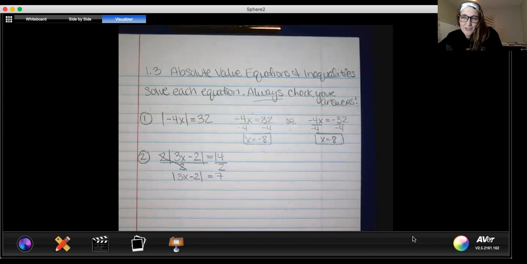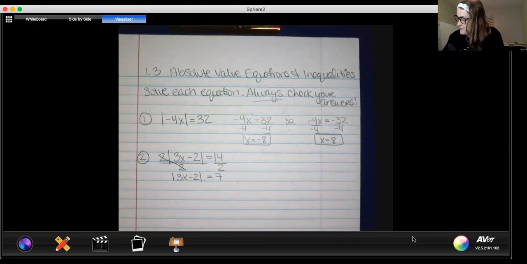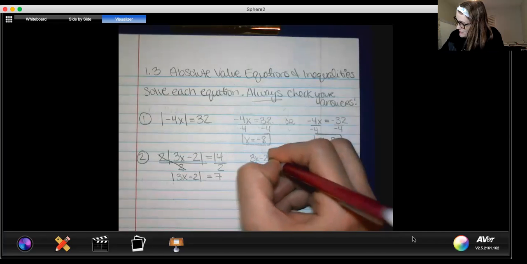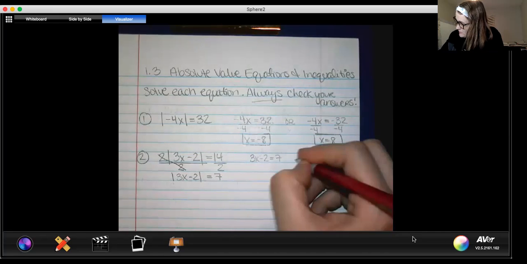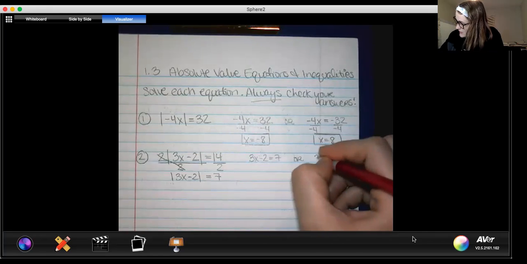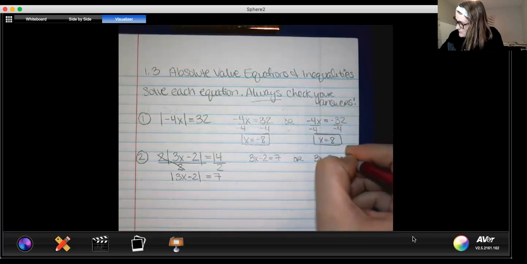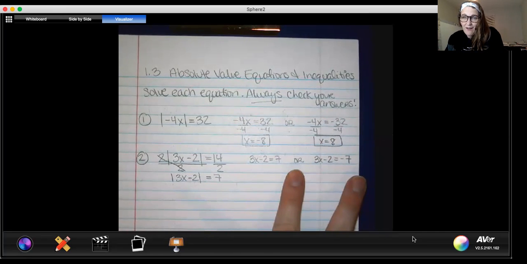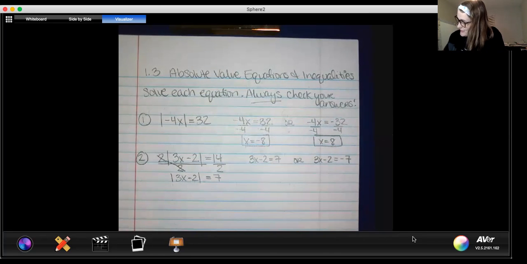Now that the absolute value is isolated, I can treat it as 2 separate equations to solve. So I have 3x minus 2 equals 7, or 3x minus 2 equals negative 7. Again, the absolute value part is the same, and the answer is the opposite. So go ahead and solve.